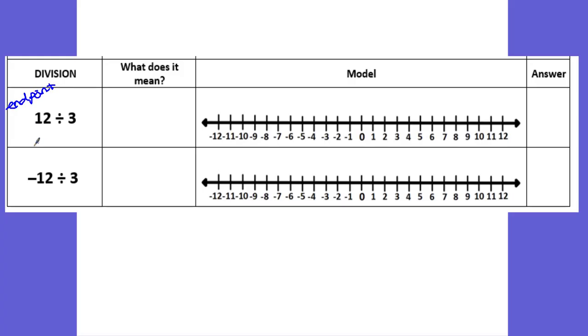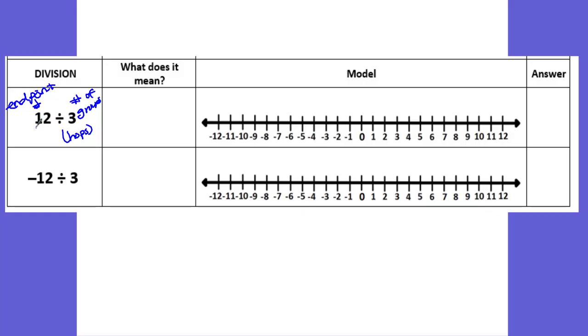It's where we need to end up at. And the 3 is going to be your number of groups, or number of hops or jumps. So we're going to take 3 hops and end up at 12.